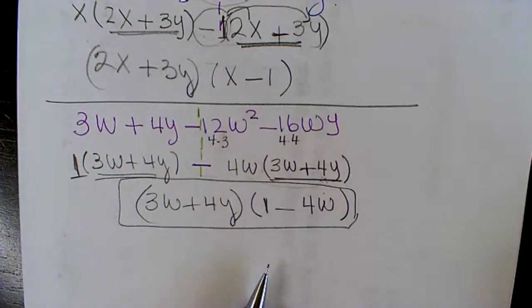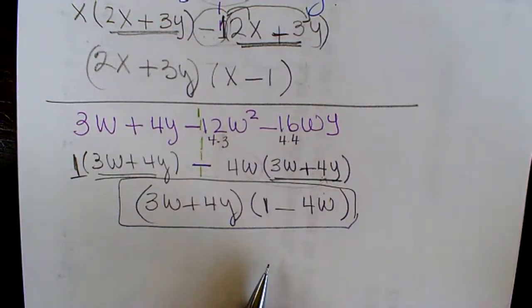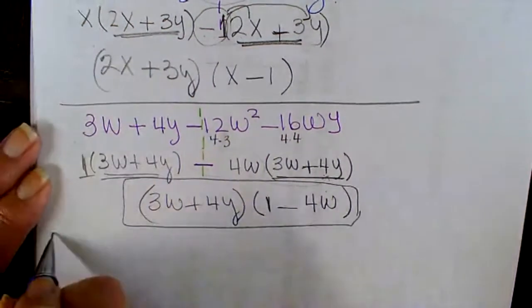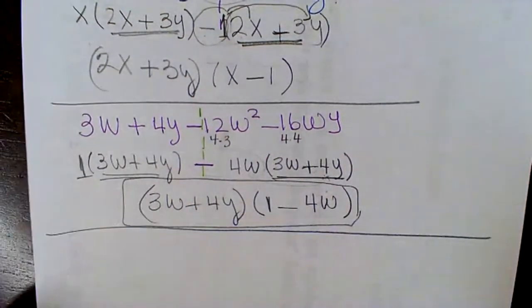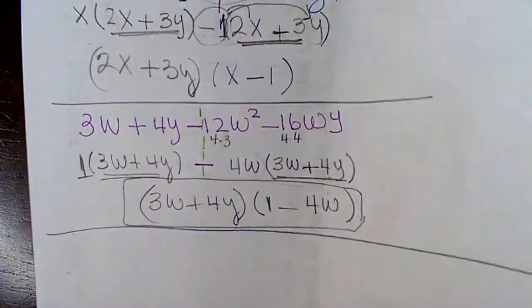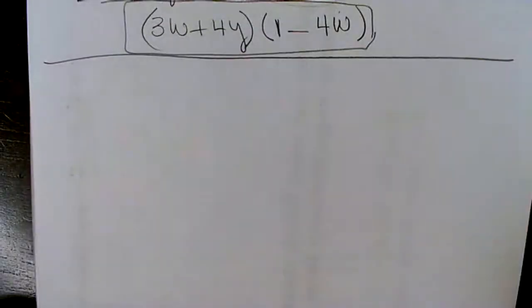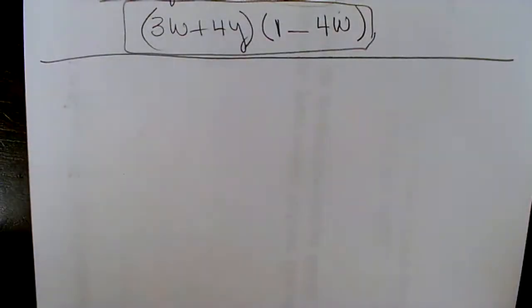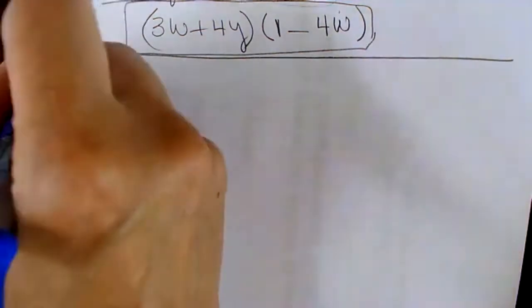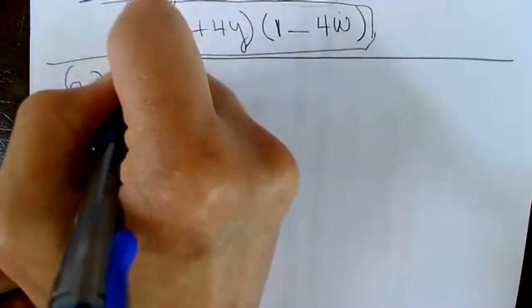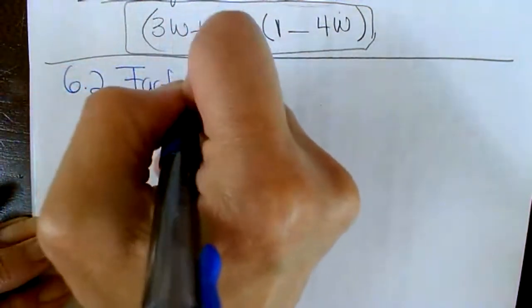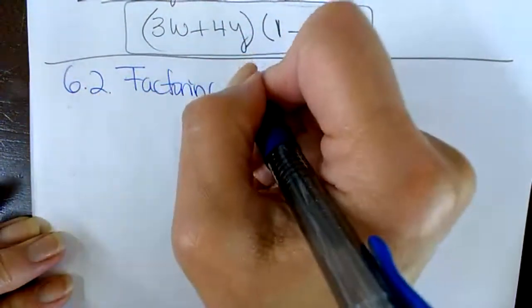Okay, now let's go to, so we're on 6.1 and we're going to be doing 6.2. So 6.2 is going to be factoring trinomials. Factoring.